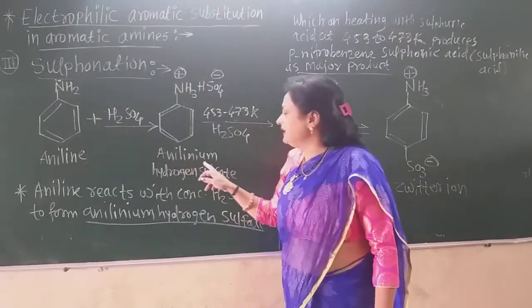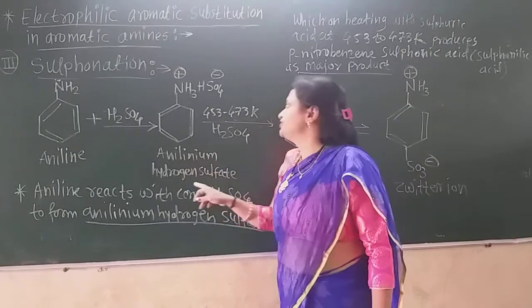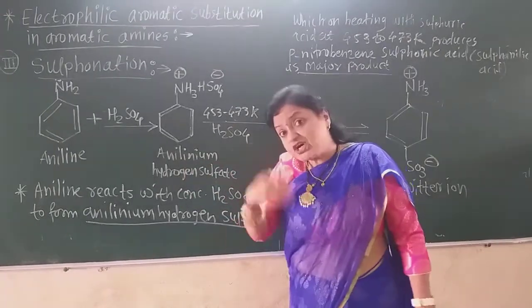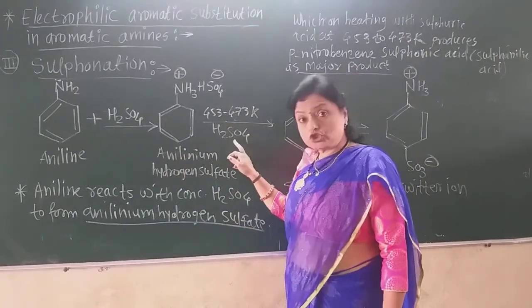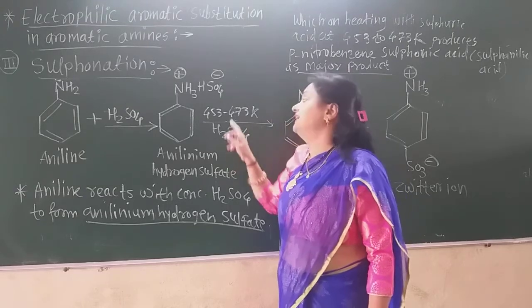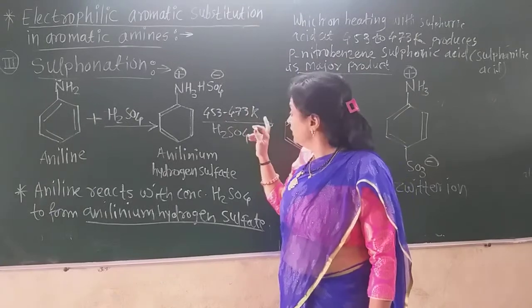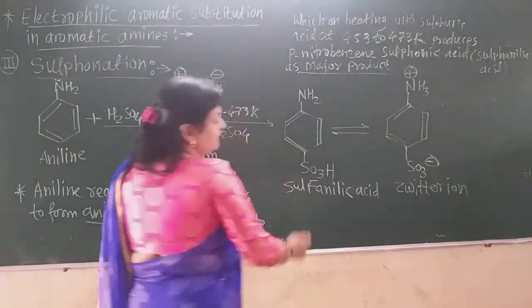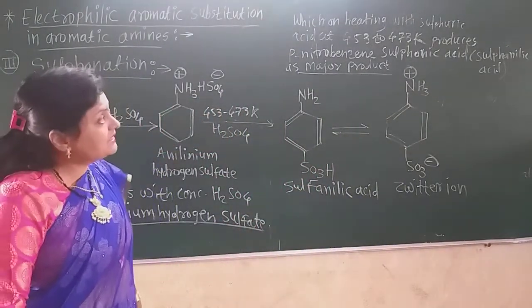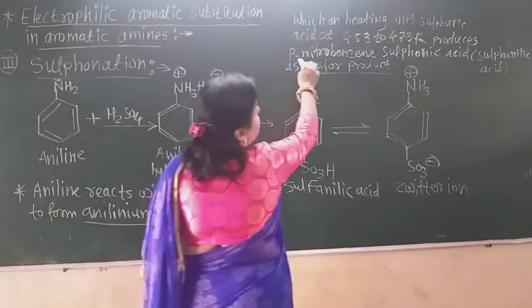This is the anilinium hydrogen sulfate, which on heating with sulfuric acid at 453 to 457 Kelvin gives sulfanilic acid.